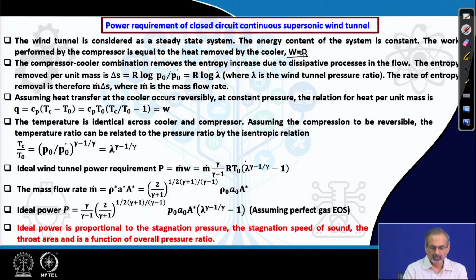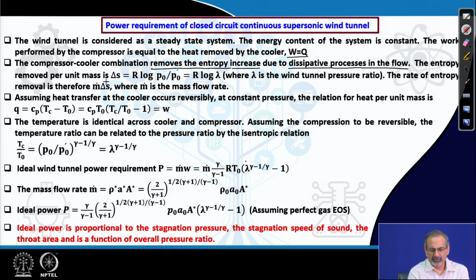In the compressor cooler combination, what we are trying to achieve is essentially removal of the entropy increase due to dissipative processes in the flow. There are losses involved, and that loss has to be offset by the compressor cooler system.